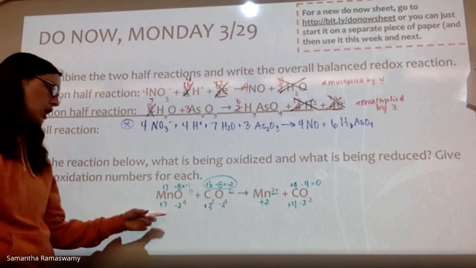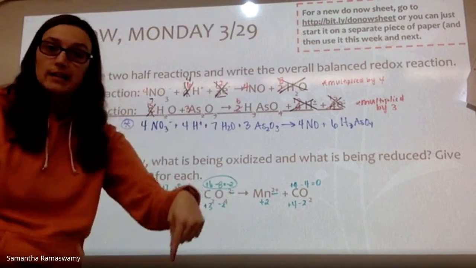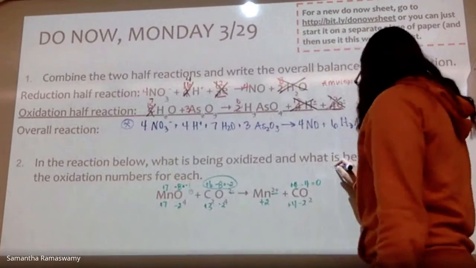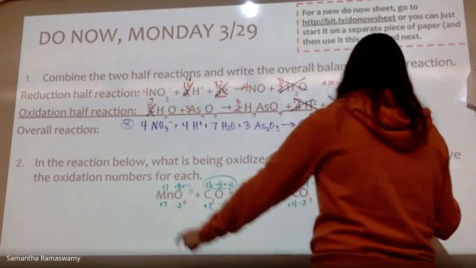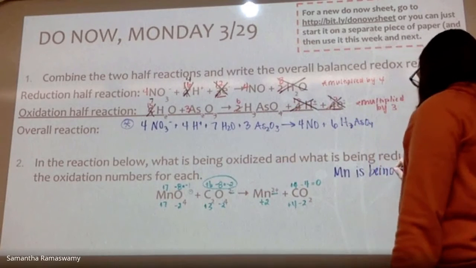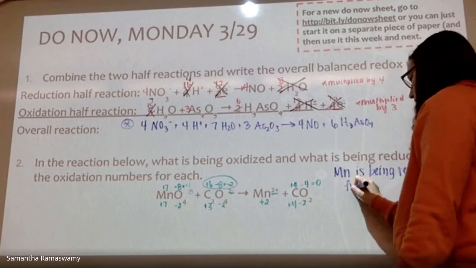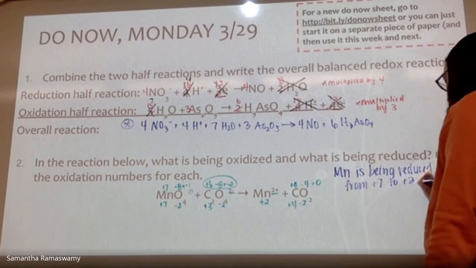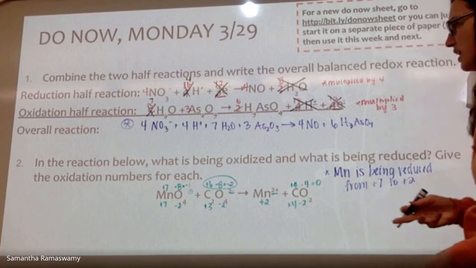Manganese, its oxidation number is decreasing. It is reducing. So over here, I'll say Mn is being reduced from +7 to +2. So here's one of our answers.